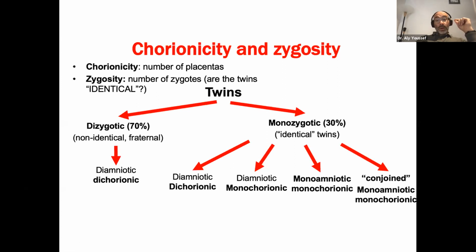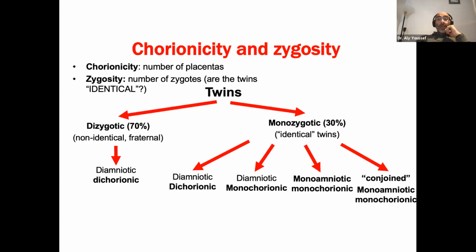If the division of the zygote happens very early in pregnancy, we can have a diamniotic dichorionic pregnancy. If it happens later, we can have a diamniotic monochorionic. If it happens even much later, we can have the monoamniotic monochorionic pregnancies, whereas the rare late division of the zygote, which is incomplete, can lead to conjoined twins.